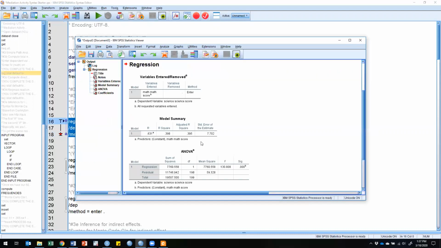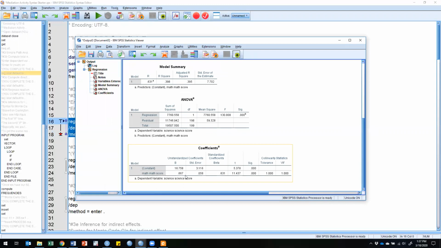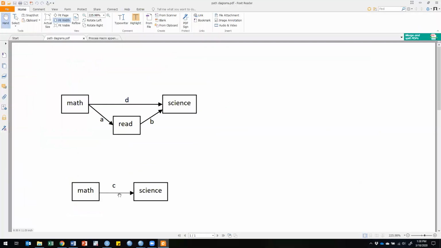So we run this equation, and our coefficient estimate here for math, which is our total effect of math on science achievement, is 0.667. This is C in this diagram here.